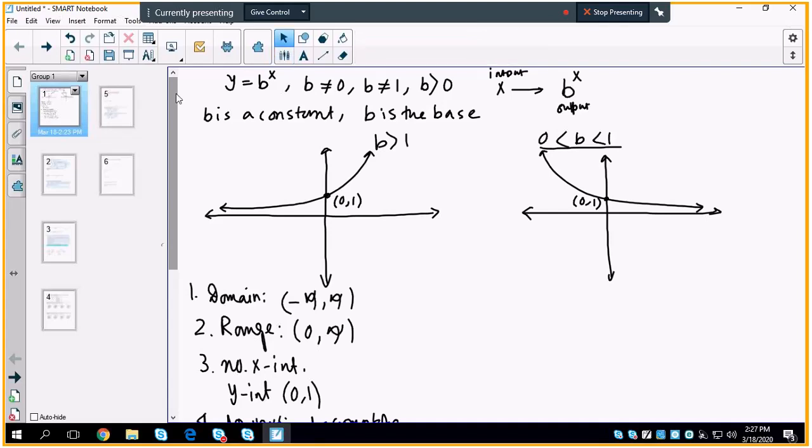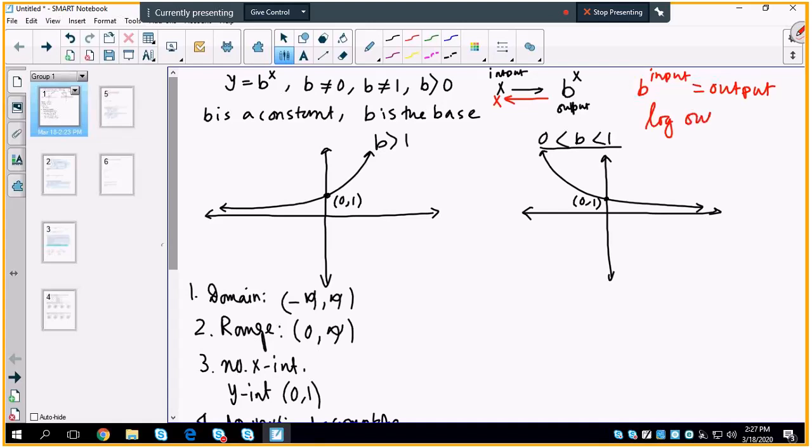The logarithmic function will take this output, b to the power x, and will give you the input x. So in other words, b to the power input equals output is the exponential form; log, for logarithmic function, of the output, with respect to the same base b, is equal to the input. That's the basic definition of a logarithmic function.